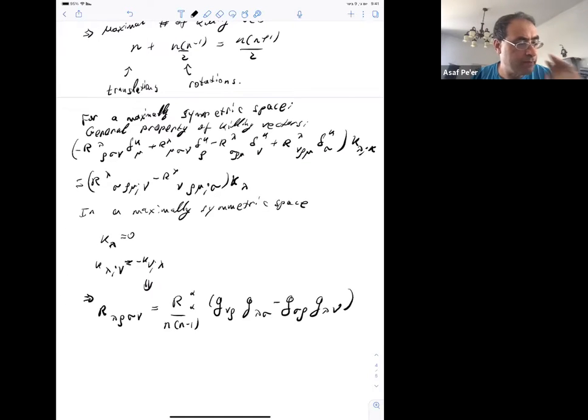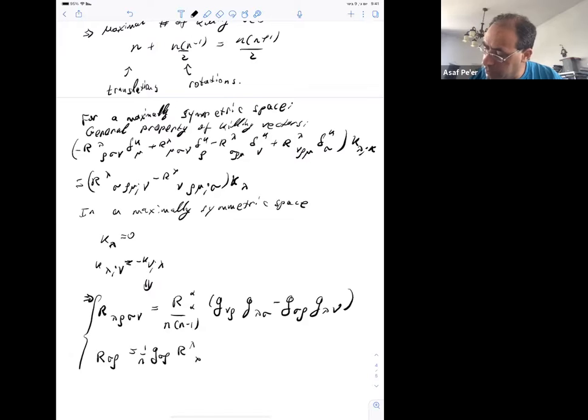And the Ricci tensor R sigma rho is 1 over n g sigma rho times R. So these are two results which hold only when we have a maximally symmetric space.